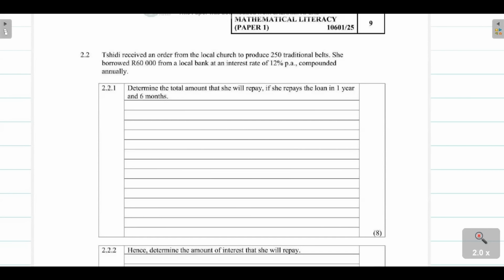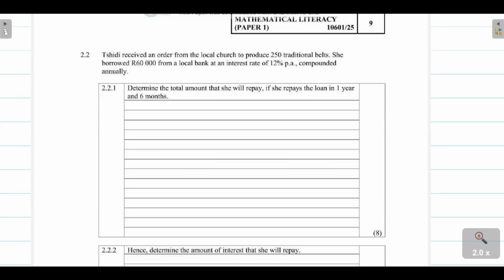With compound interest, interest is calculated on the accumulated amount, and I gave you a nice example on Monday of what is meant by accumulated amount. When you're talking about simple interest, your interest is calculated on the principal amount that you've borrowed from the bank, or that you've invested.